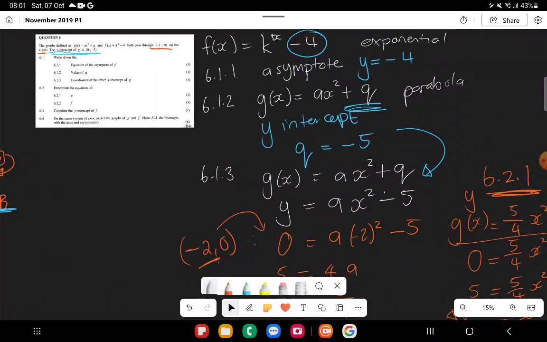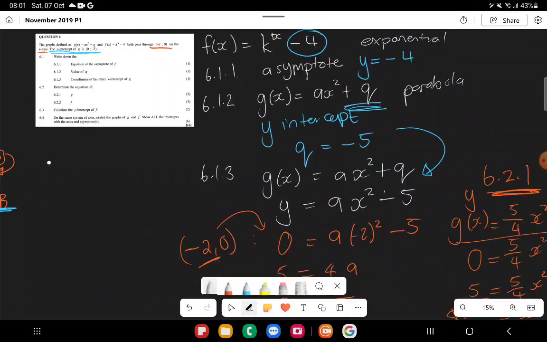So f of x is equal to k to the power of x minus 4. Then we substitute -2, 0. So 0 is equal to k to the power of -2 minus 4. Then I'm going to take the 4 over.